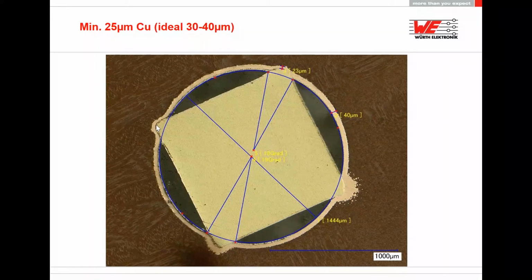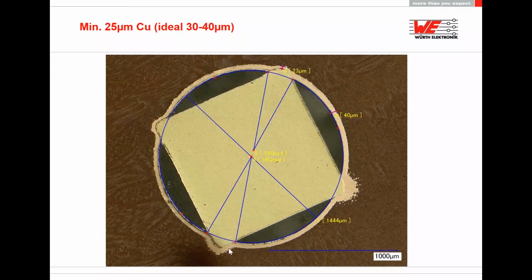All right. Thanks. Okay. Here we can see again the cross section of one pin of the press fit area, and we can see here that the copper thickness is 40 microns, and this is actually a perfect press fit connection. We can see here we have a huge connecting area on any corner.